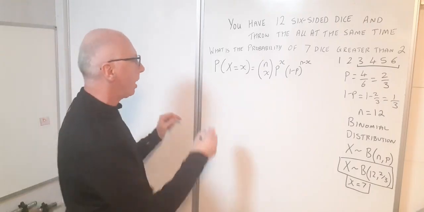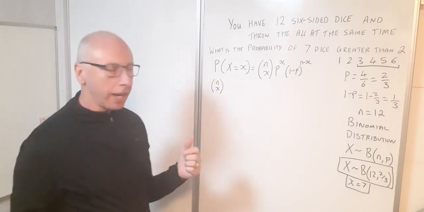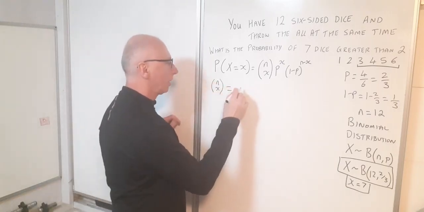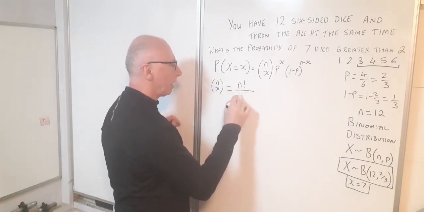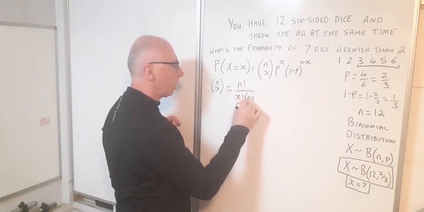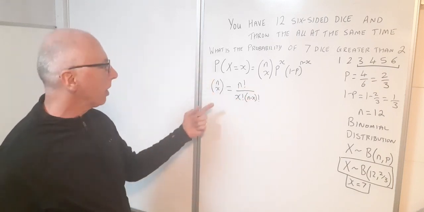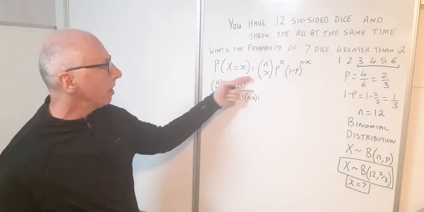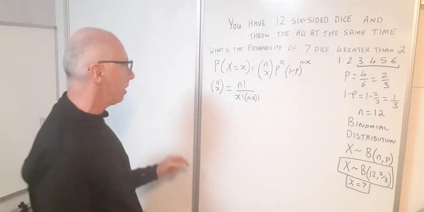So first of all, let's have a look at n choose x. The formula for that is n factorial divided by x factorial times n minus x factorial. I'll leave a little gap here just to deal with this.